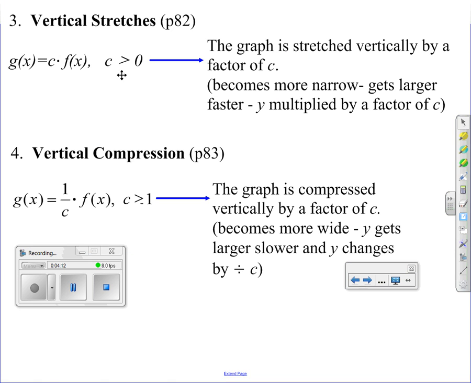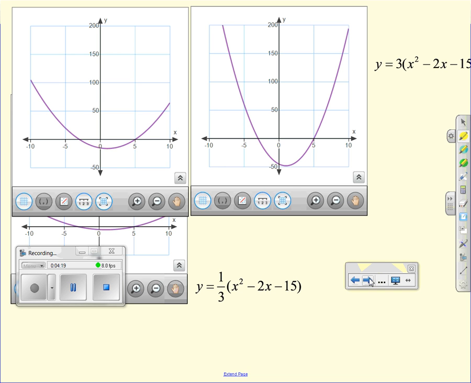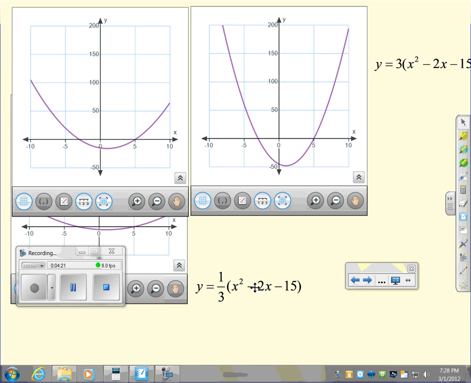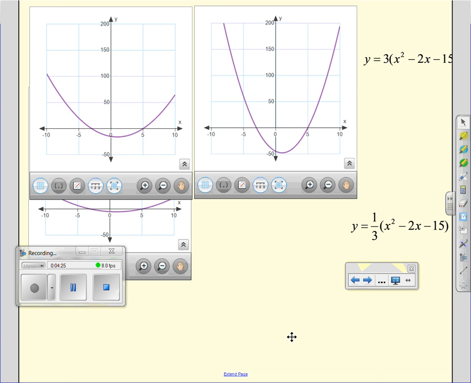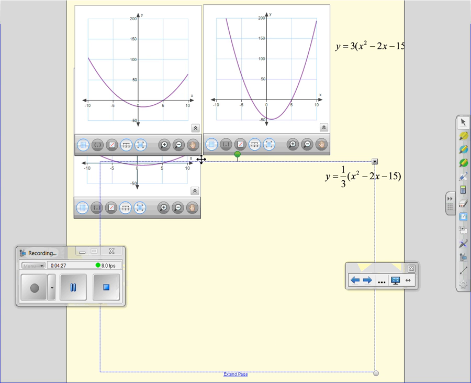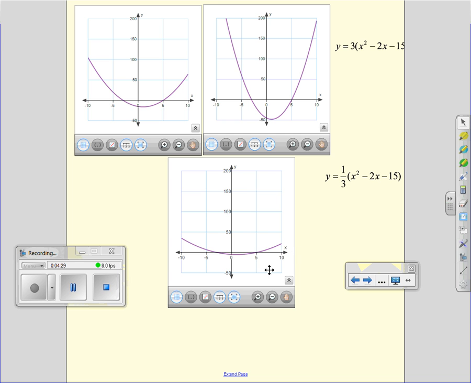And that's what happens when you have a number multiplied by your function: it's going to get bigger faster. So it becomes stretched. Similarly, when you multiply a function by a fraction, if we grab this graph and compare it to the original, it's like it's been compressed vertically or squished.